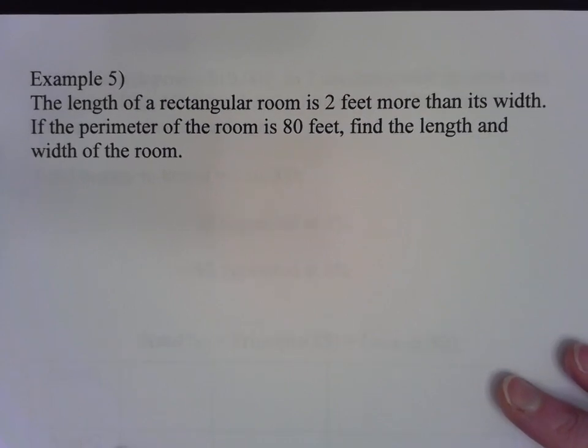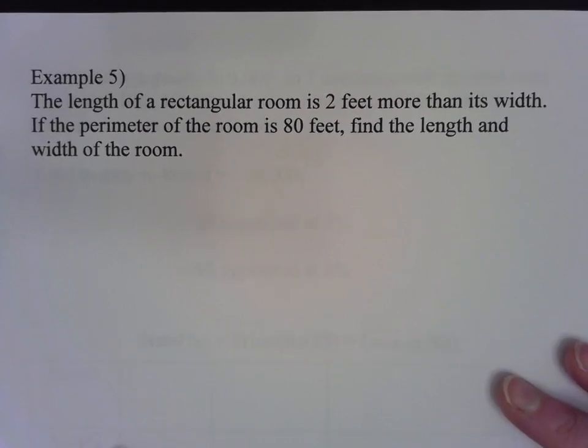All right, here's the next word problem. It says the length of a rectangular room is 2 feet more than its width. If the perimeter of the room is 80 feet, find the length and width of the room. So now we're moving up in difficulty.